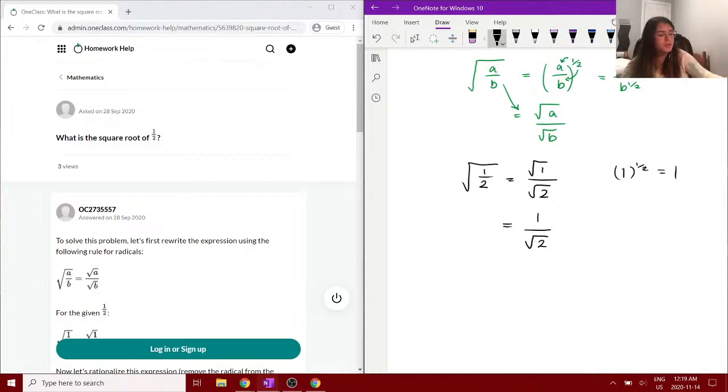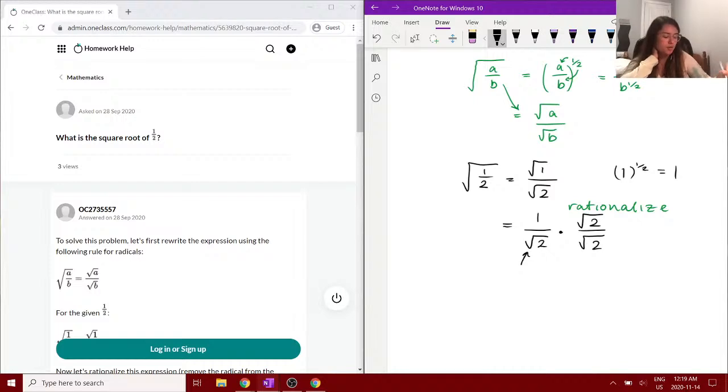And now what we're going to do is something called rationalizing. We rationalize when we have a radical, or a square root, in the denominator.